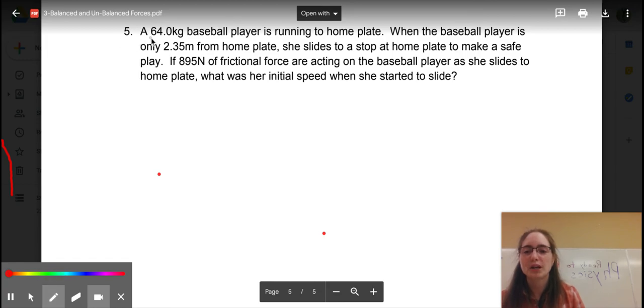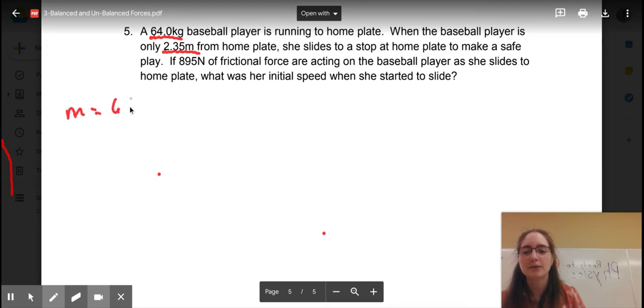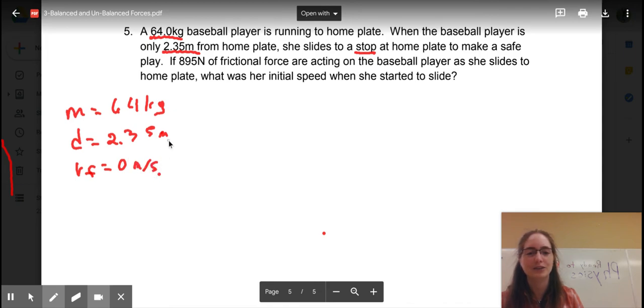So, a 64-kilogram baseball player is running to home plate when the baseball player is 2.35 meters from home plate. Okay, let's listen to what we have. Mass is equal to 64 kilograms. He is 2.35 meters from home plate, ladies and gentlemen. She slides to a stop. Stop. That means our VF is 0 meters per second to make a safe play.